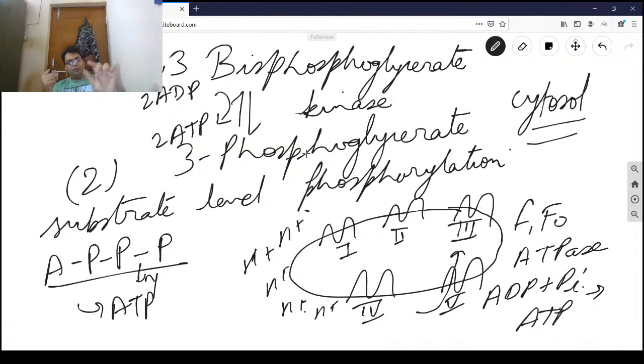Okay, so that has been donated to the ADP molecule to form ATP and form 3-phosphoglycerate in the process. So I told you that whenever this is happening, it is known as kinase.